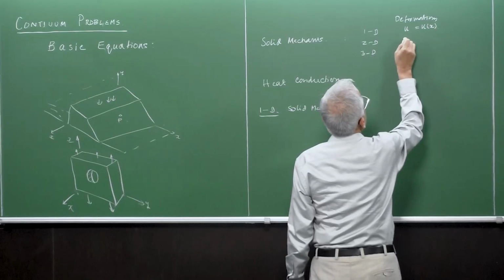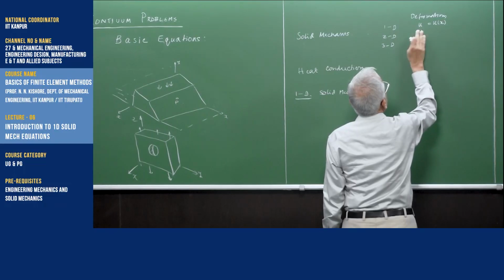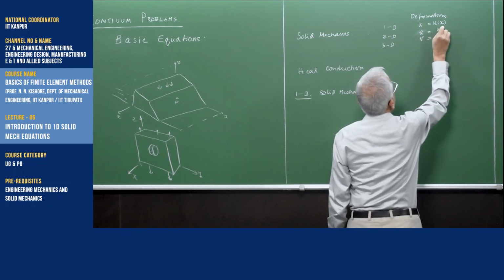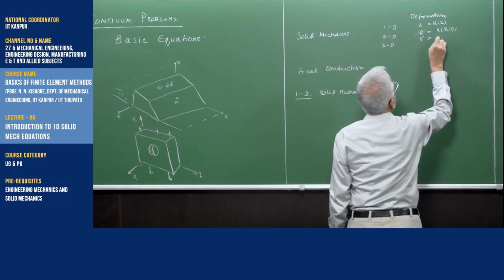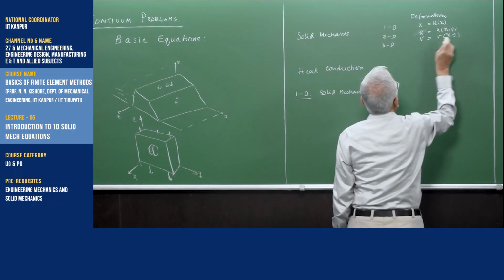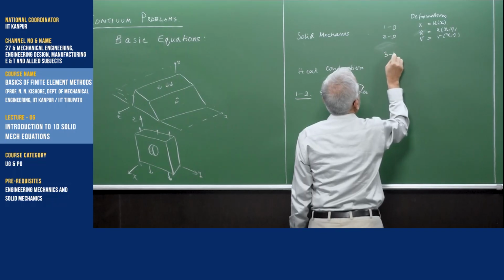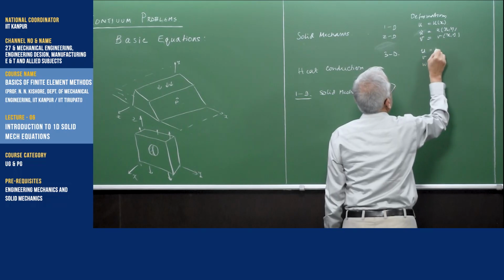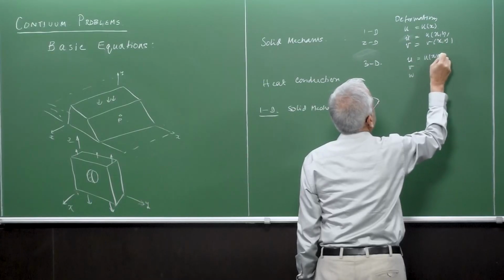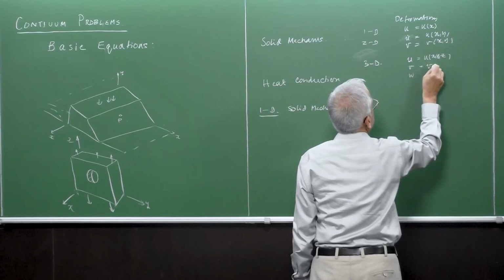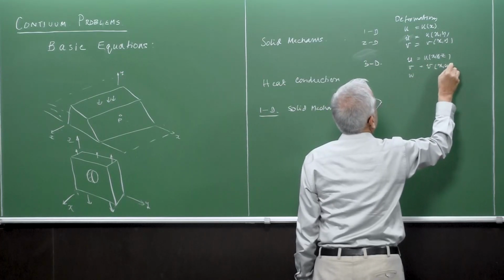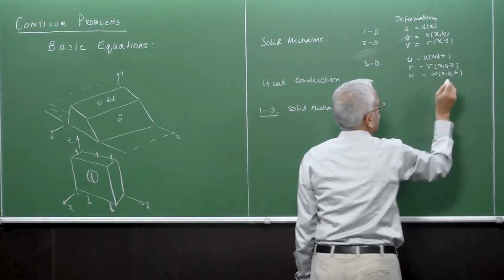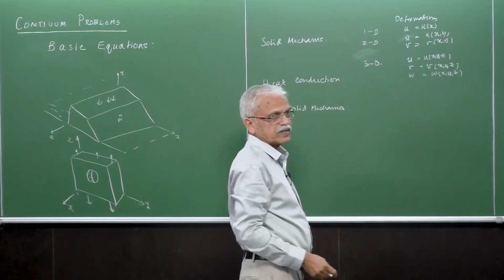Similarly in 2D, you have 2 variables, u and v, and each one of them is a function of x, y. And in 3D, we have 3 deformation components, each one of them a function of x, y, z. So these are the deformations.